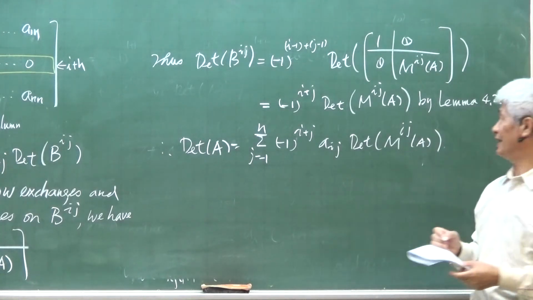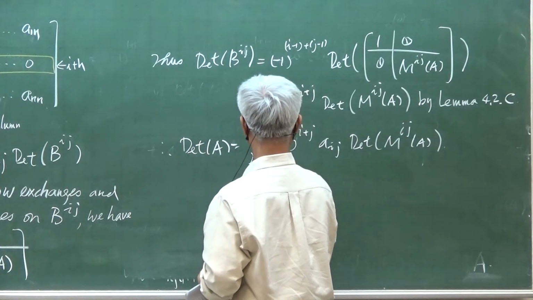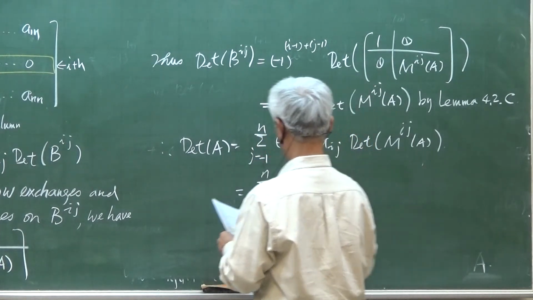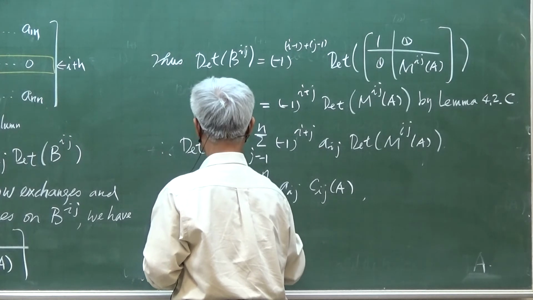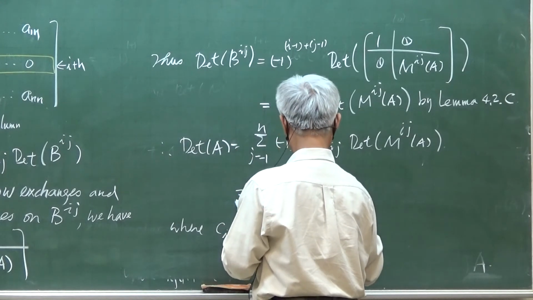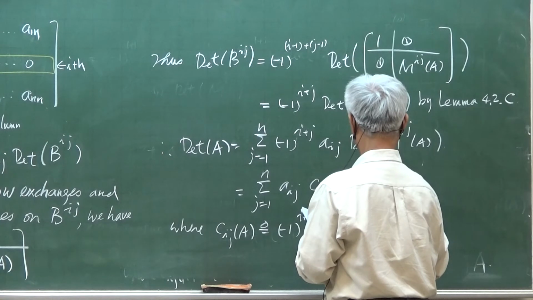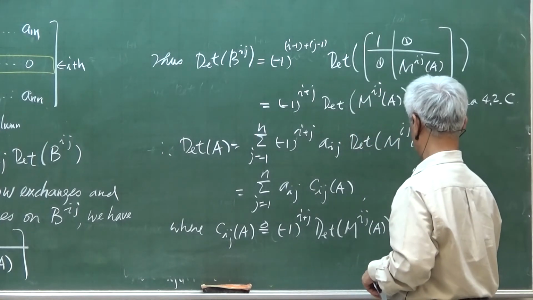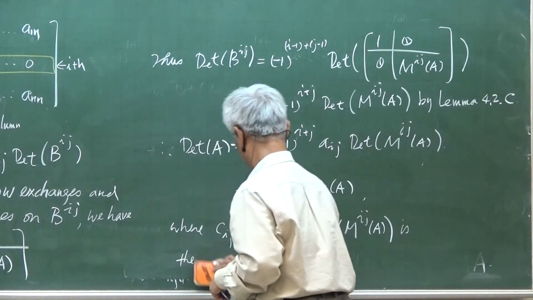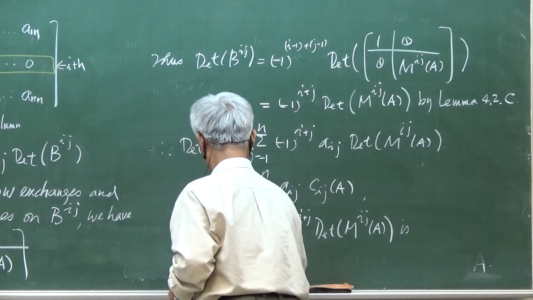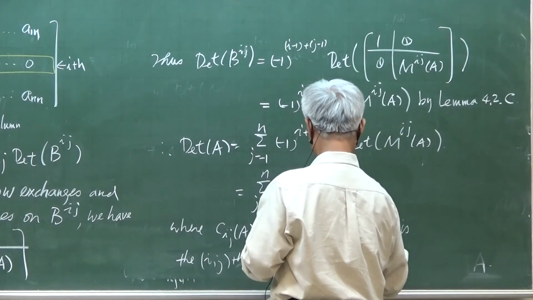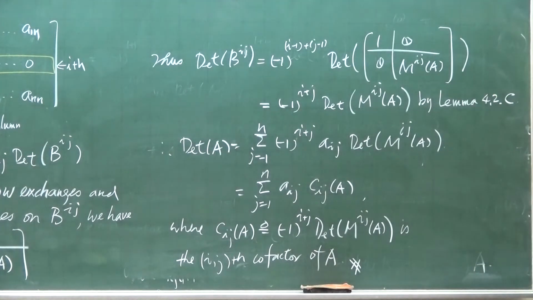And by the definition of cofactor, where Bij is defined to be (-1)^(i+j) times the determinant of Mij(A), is the ijth cofactor of A. Okay, and we have done. So we prove the cofactor expansion for A.